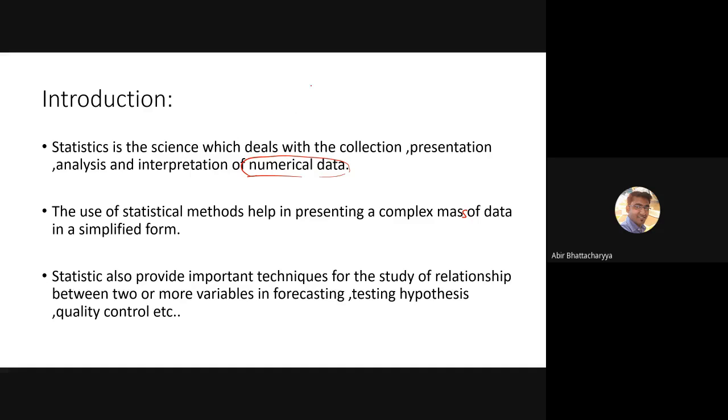There is one field known as data engineering. People are doing a lot of work in data engineering, which is not data science. Data science is another thing. Data engineering means how to collect the data, in whatever format it is given to you, and refine it into a specified format.